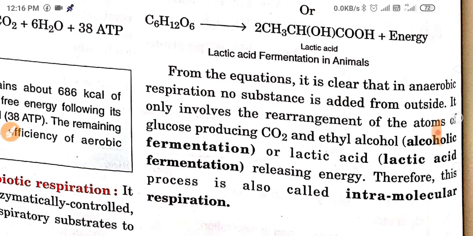From the equations, it is clear that in anaerobic respiration, no substance is added from outside. It only involves the rearrangement of the atoms of glucose producing CO2 and ethyl alcohol, or lactic acid, releasing energy also. Therefore, this process is also called intramolecular respiration.